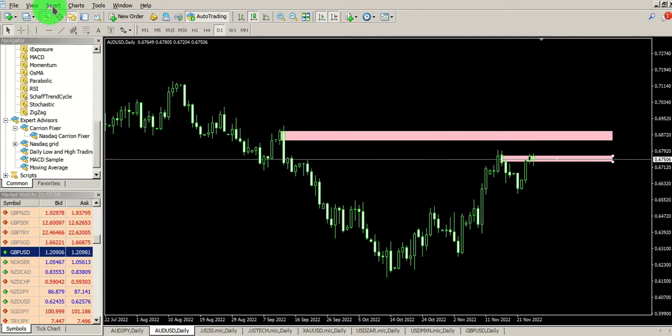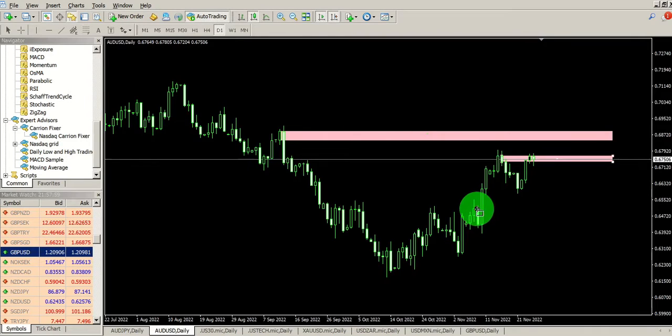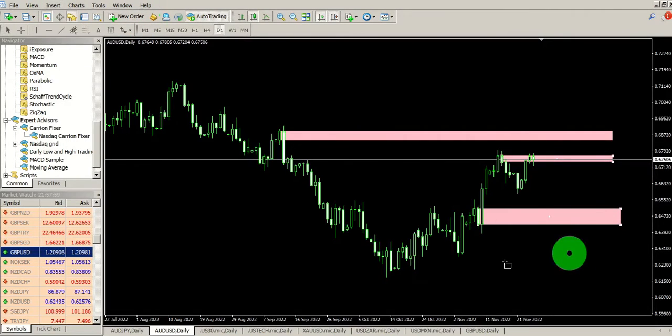And for the buy side, I have this order block that I can use, and also I have that one.